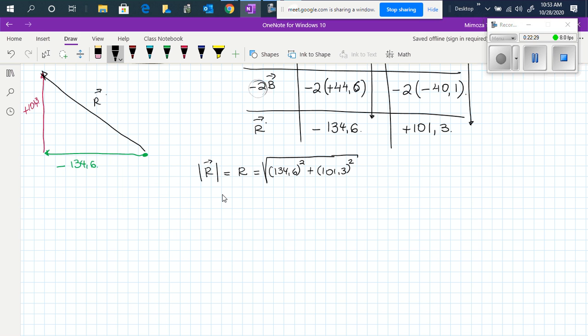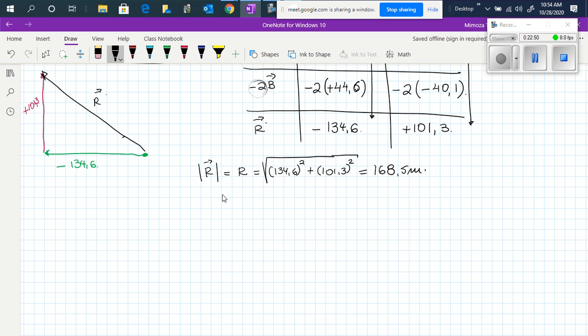And when we calculate 134.6 to the power of 2 plus 101.3 to the power of 2, the whole thing square root will be 168.5 meters.